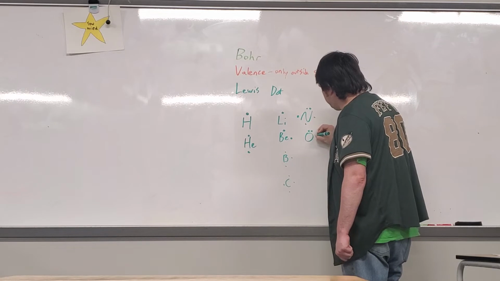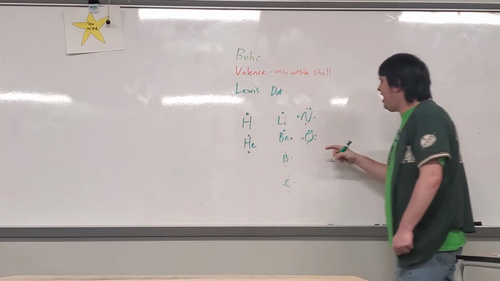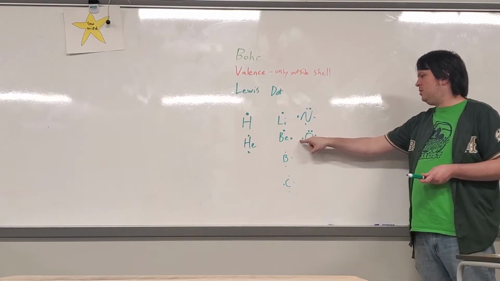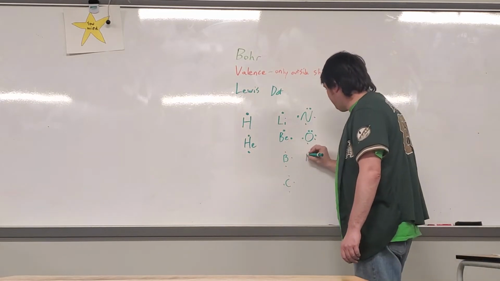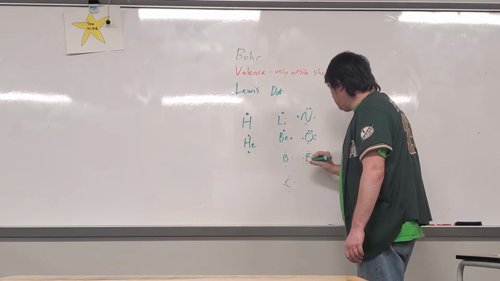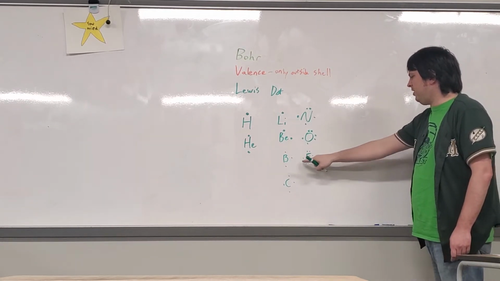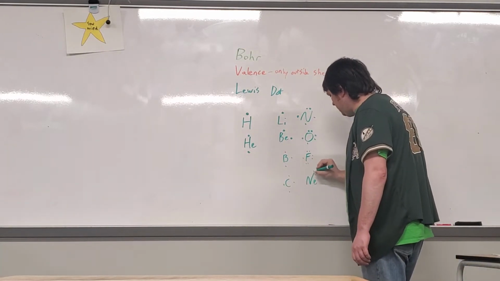Oxygen has 6, 2 doubled up pairs of electrons. And finally, fluorine, 3 doubled up pairs of electrons, 1 unpaired, which would lead us to then neon.